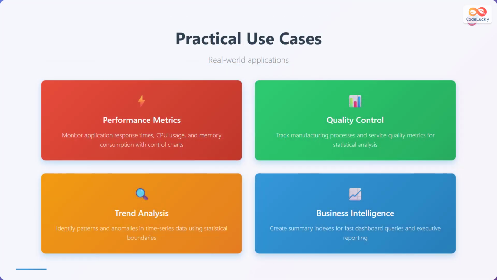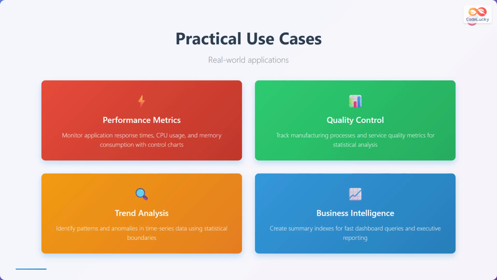The sichart command serves multiple real-world applications across different domains. For performance metrics, you can monitor application response times, CPU usage, and memory consumption using control charts to identify performance anomalies. In quality control scenarios, you can track manufacturing processes and service quality metrics for comprehensive statistical analysis.